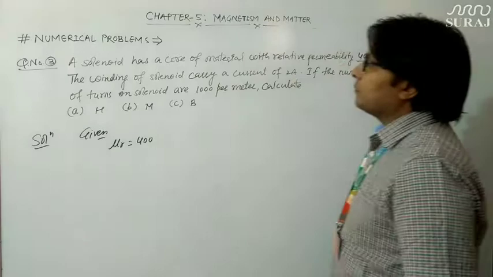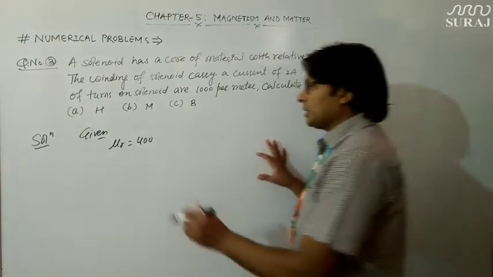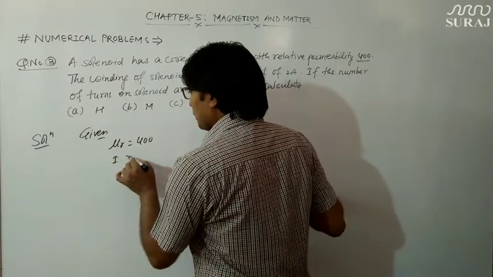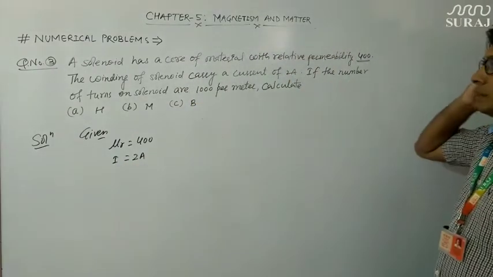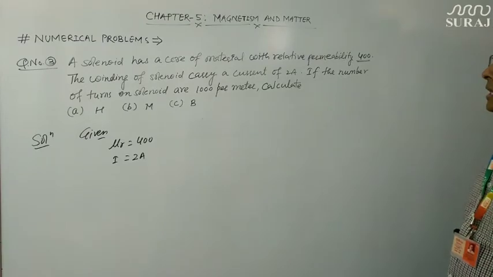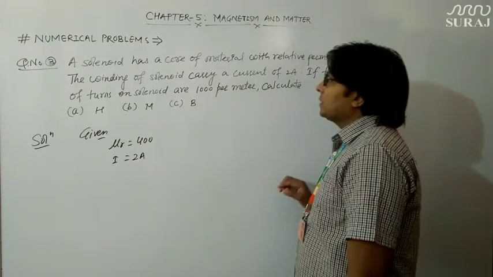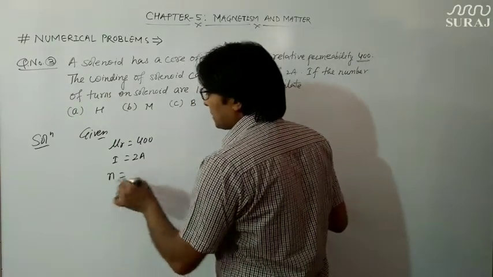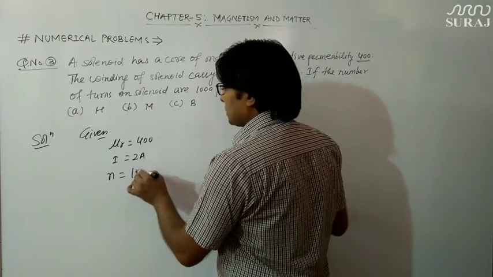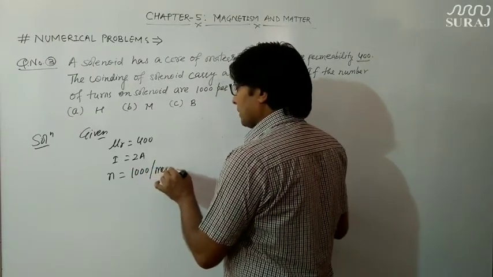The winding of the solenoid carries a current of 2 ampere. So the current flowing through the solenoid is 2 ampere. The number of turns on the solenoid is 1000 per meter. The number of turns per unit length is denoted by small n, so it is 1000 per meter.